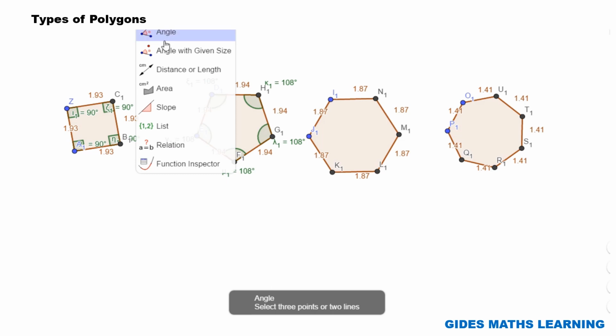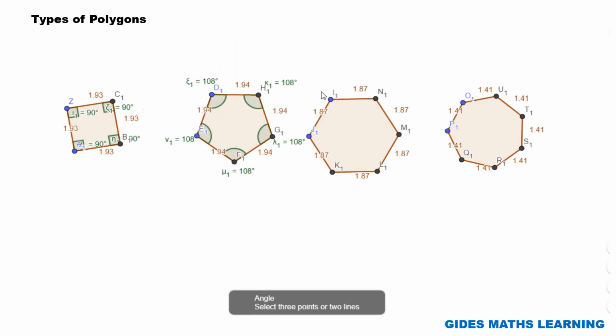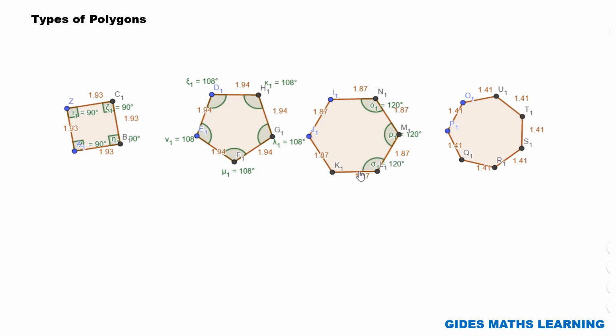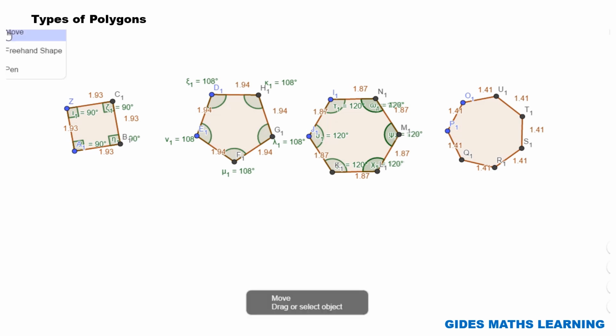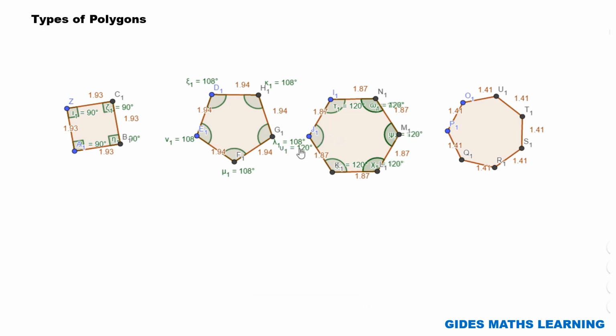Let's check for the hexagon. Now for the hexagon, all the interior angles are also the same, and that is 120.